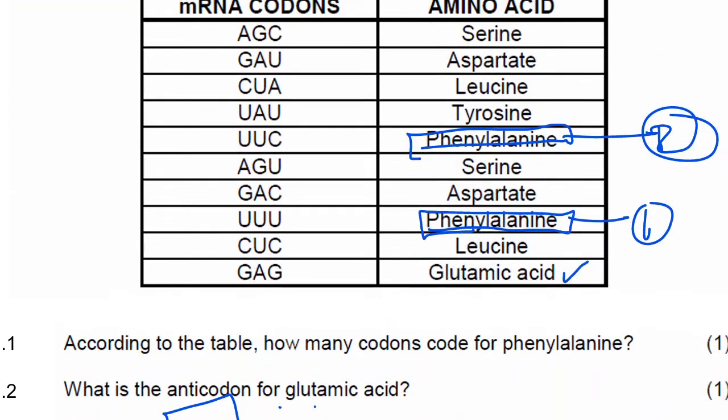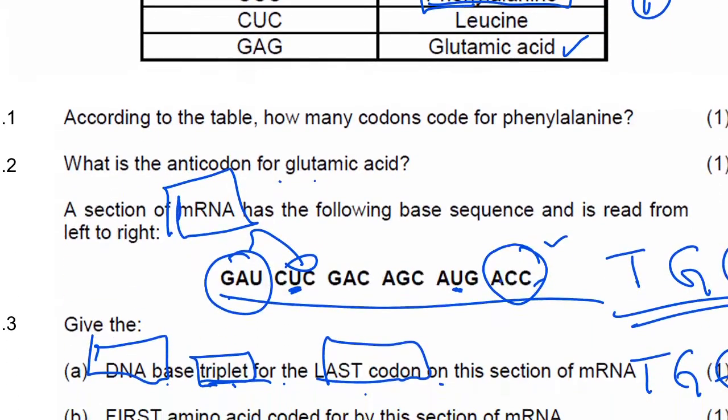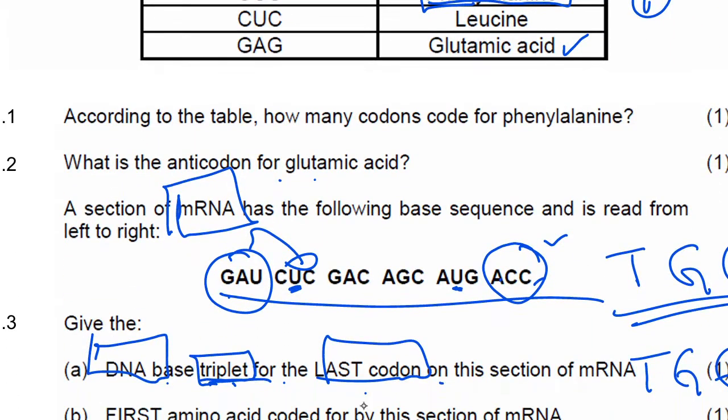What is in the table is a messenger. You see, it's a messenger. What is on the message? The first amino acid coded by this messenger. So they are looking for the first amino acid.